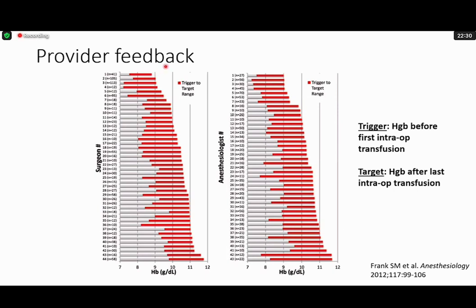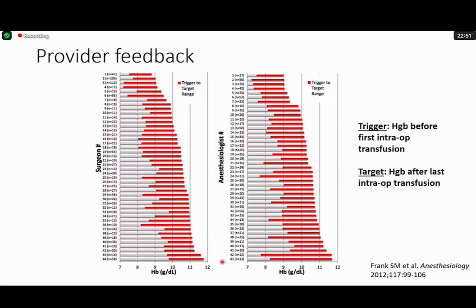And they aligned those ranges among all of the surgeons and all of the anesthesiologists to compare which surgeons are more restrictive in the way they use blood, and which ones, up here, are more liberal, targeting much higher hemoglobins.